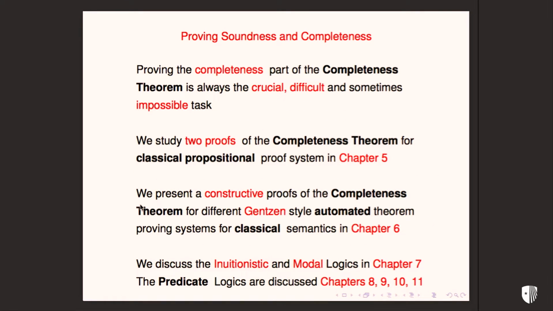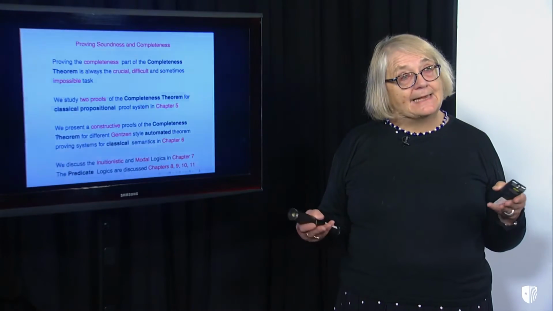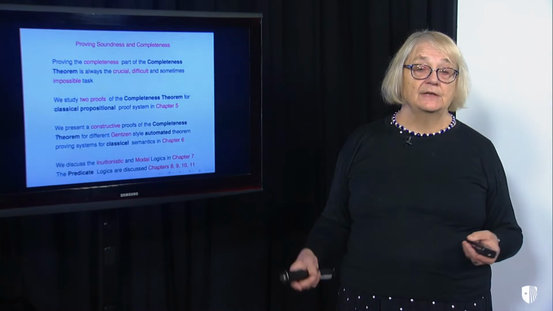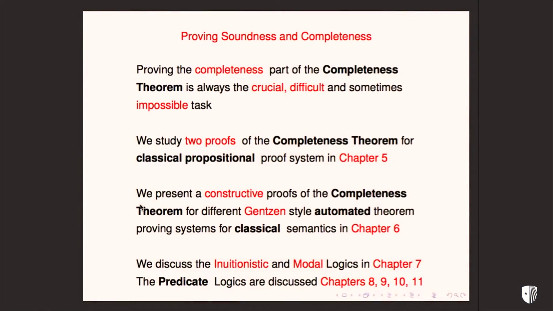Proving completeness is a very, very difficult task. It's crucial and often just impossible. There are different techniques to prove it, and that is a really deep subject. So we studied two proofs of the completeness theorem for classical propositional logic in chapter 5. We start with propositional languages, as with syntax and semantics, because they are easier to understand.